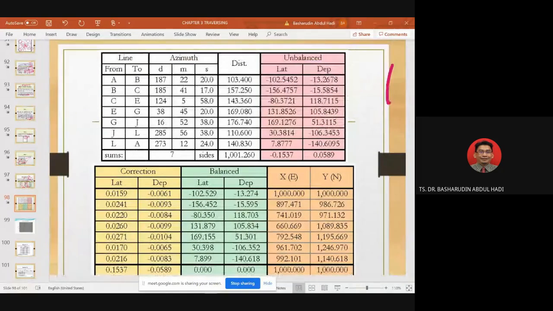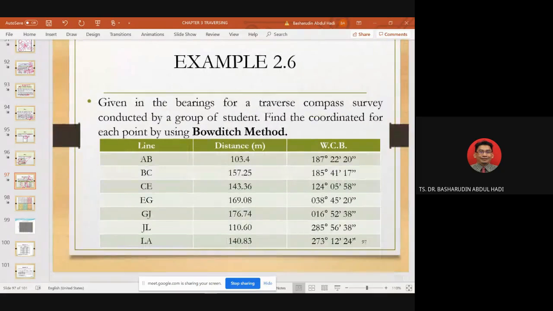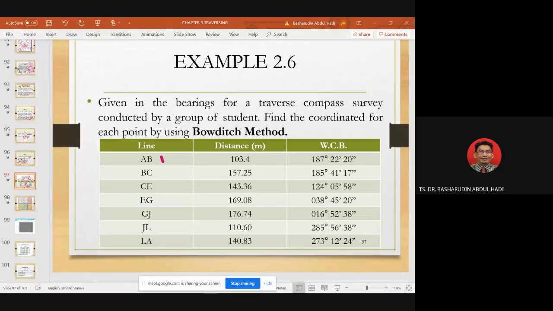You can see this is an example of a bearing. For A and B, I'm going to draw A and B. The bearing is 187 degrees 22 minutes 20 seconds. Look at this one: 187:22:20.